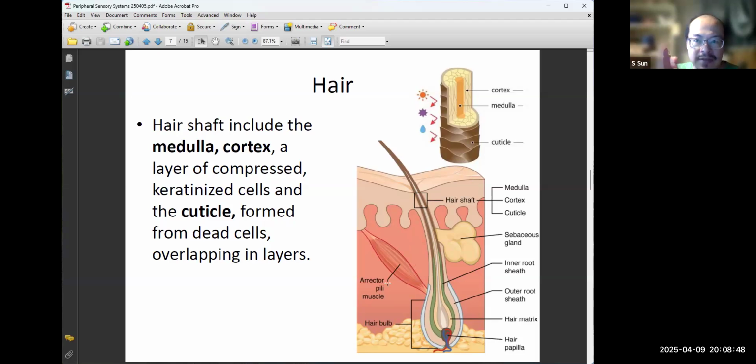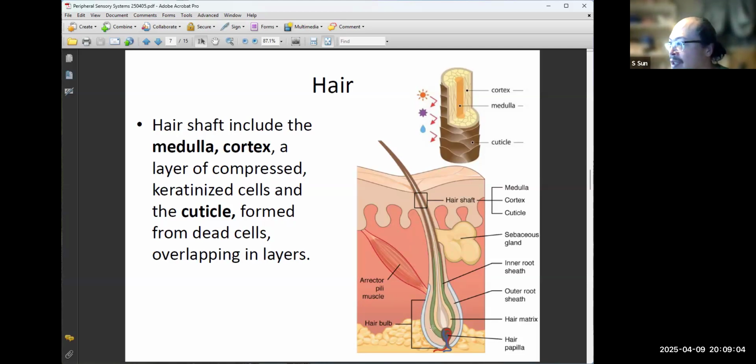So basically it will get straight. In humans, we don't see it that obviously, but we see this pretty obviously in other mammals. So that's just the terminology.